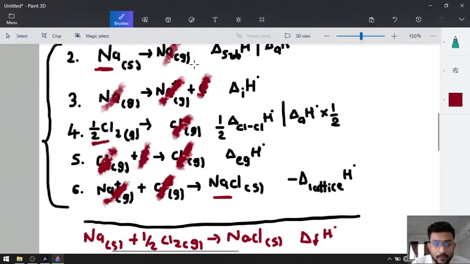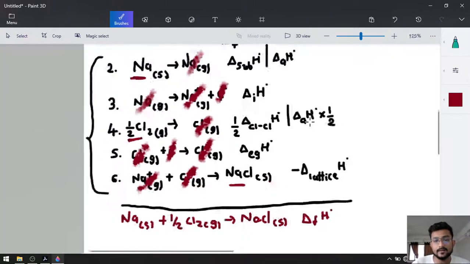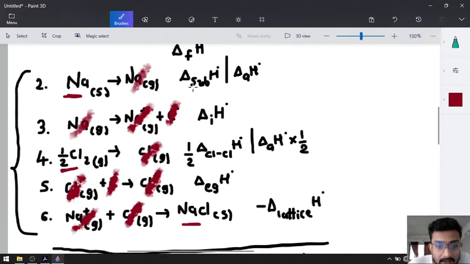So addition of all these 5 enthalpies will be equal to delta FH naught. Okay, so I am going to add it simply. Delta sub H naught plus delta IH naught plus 1/2 delta chlorine bond enthalpy plus electron gain enthalpy and minus lattice enthalpy. Why minus? Because plus minus will be minus. Okay, so let's write the formula.